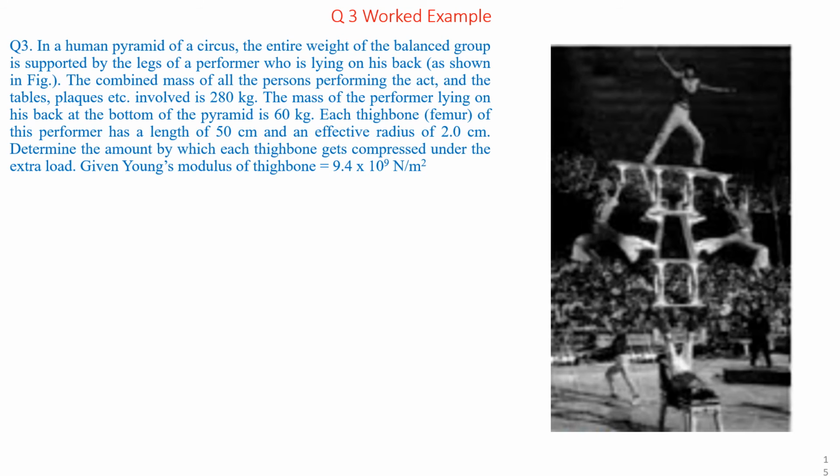Each thigh bone, femur, of this performer has a length of 50 centimeters and effective radius of 2 centimeters. Determine the amount by which each thigh bone gets compressed under the extra load. Given Young's modulus of thigh bone equals 9.4 × 10^9 newtons per meter square.